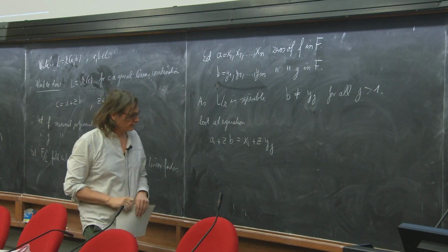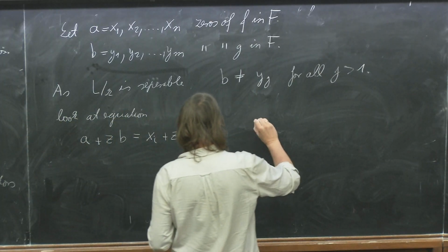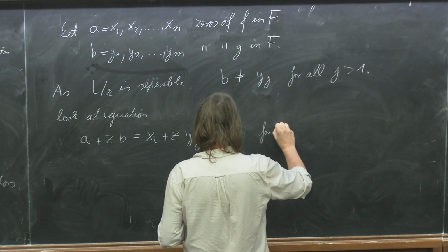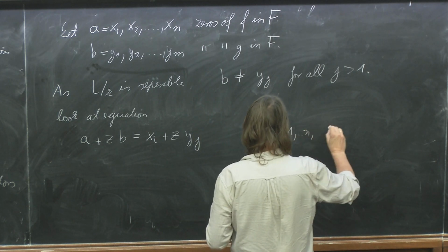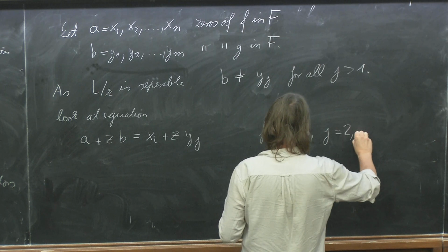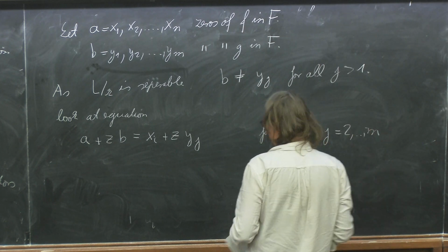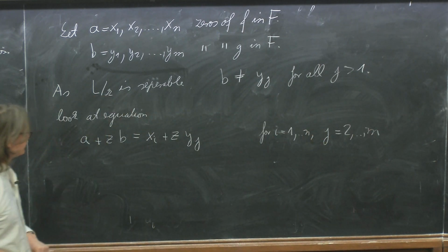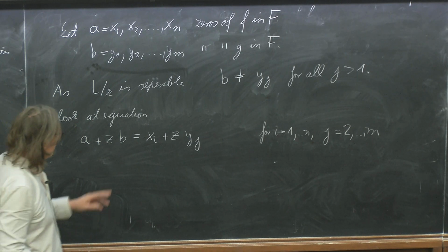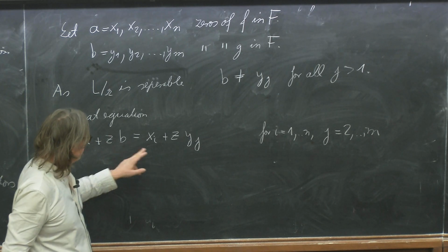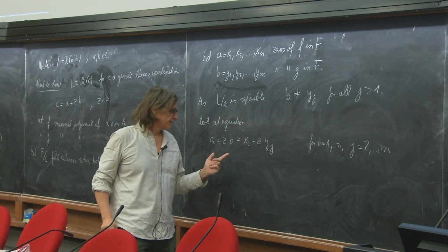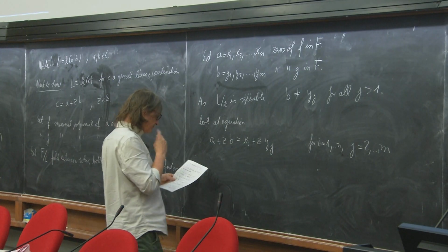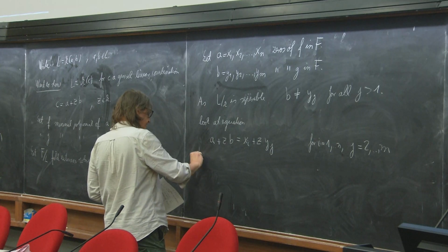So we look at these equations for i equals 1 to n, j equals 2 to m. So now you see b is different from yj. So we can just solve it. So this has a unique solution.